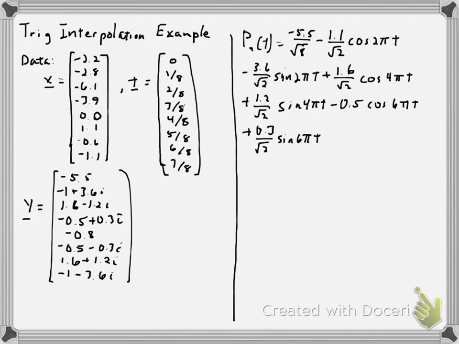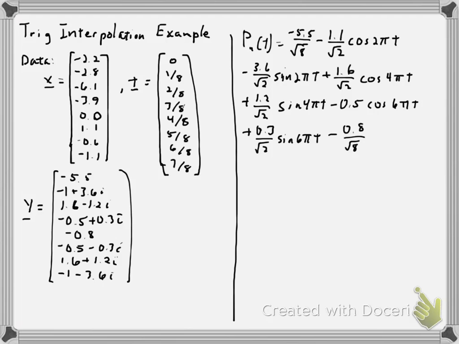This concludes the terms that are in the sum, and then we have plus a sub n over 2. Our a sub n over 2 is real, it's the minus 0.8. And so we take that term, divide by the square root of n, so we have a minus 0.8 divided by the square root of 8.